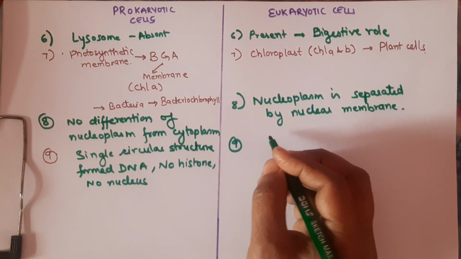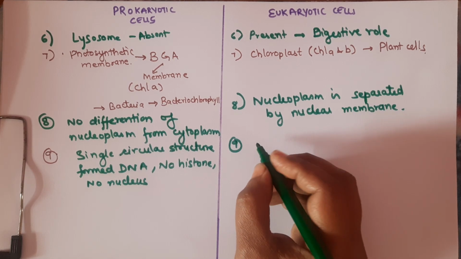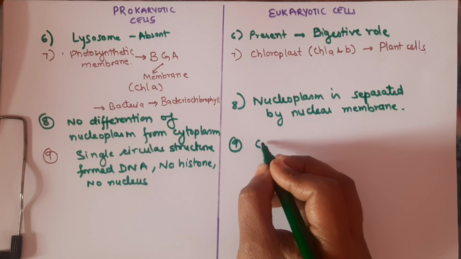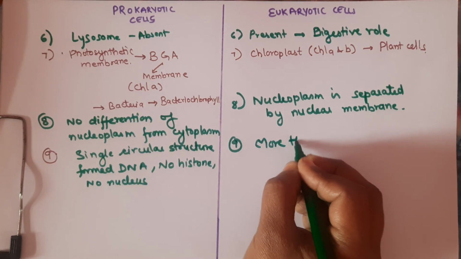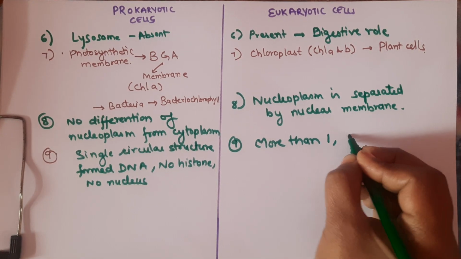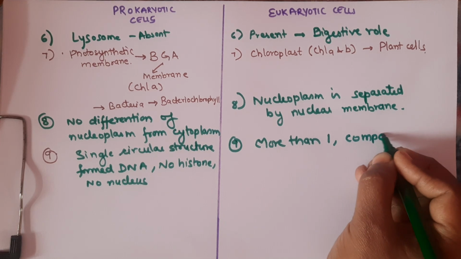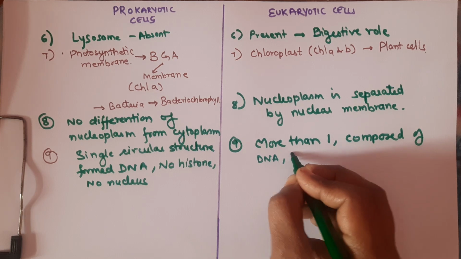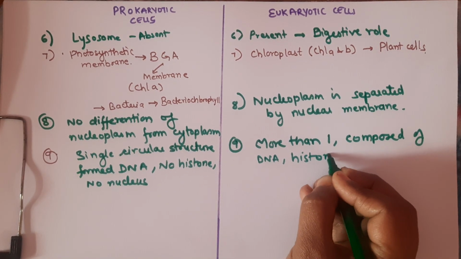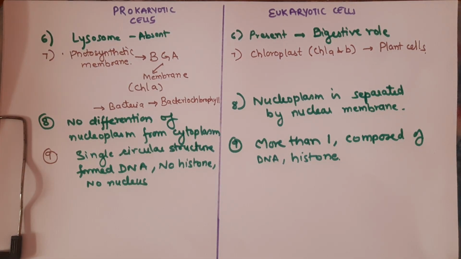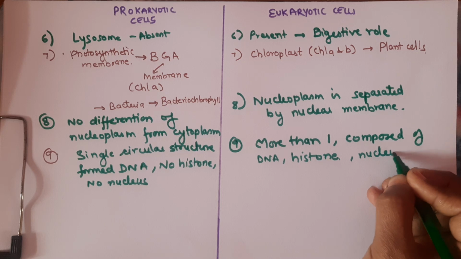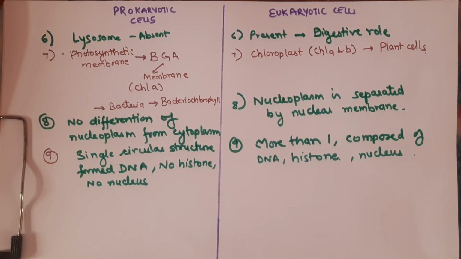Whereas in the case of eukaryotic cells, there are more than one chromosomes, and they are composed of DNA and histones, and they are enclosed in the nuclear membrane to form the nucleus. So nucleus is present.